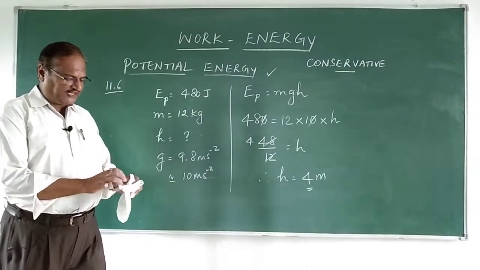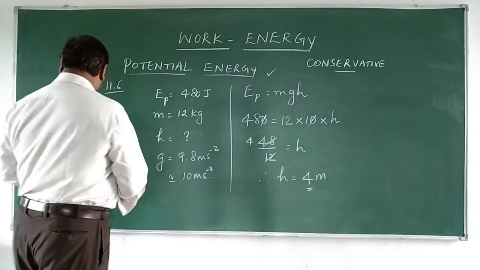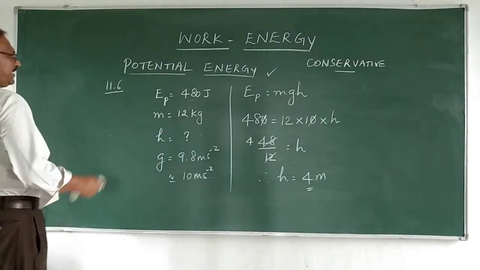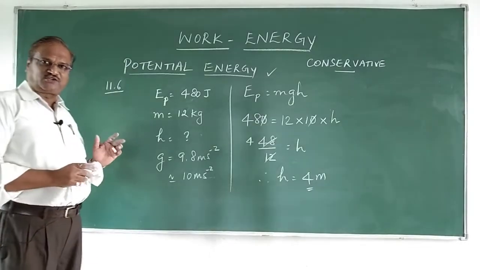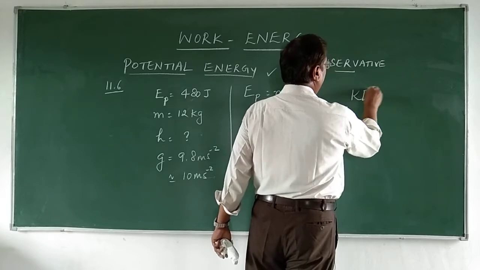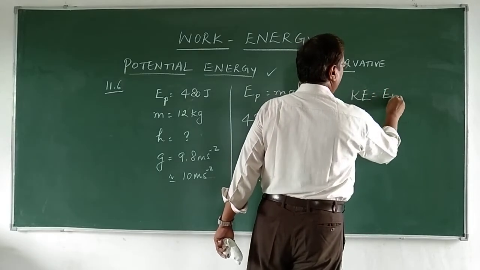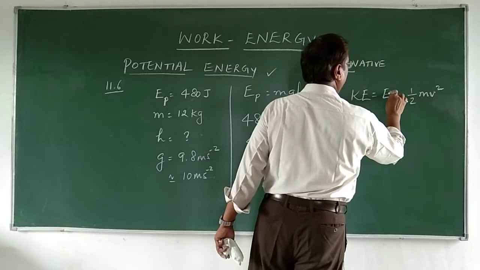So in this way, you can understand the concept of potential energy. I hope you understand the concept of potential energy, and also we said previously kinetic energy, or EK, is equal to half mv square.